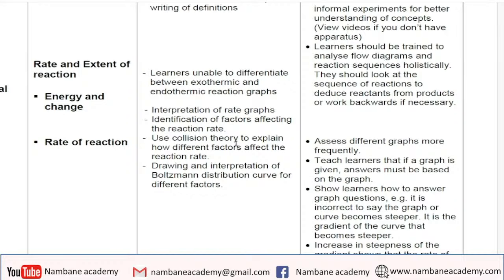If you are told we are collecting the volume of carbon dioxide in this reaction, then they want you to be specific in the definition. They will say, give the definition of rate of reaction in this reaction. You see, they are now being specific. They are not looking for the general definition from the examination guideline.